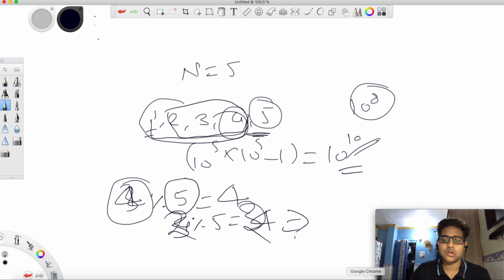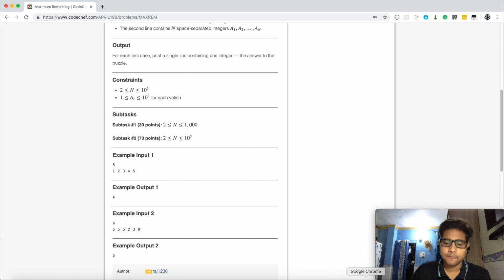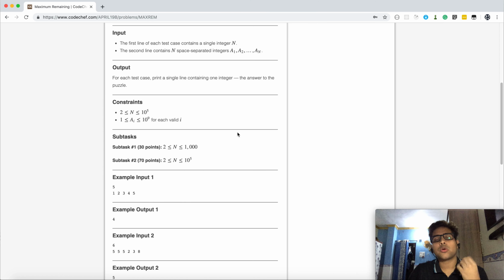Now let's try to solve this question. The question arises: how do we find the largest and second largest number in the best possible way, or in the shortest time possible? We can easily sort the given sequence in time complexity n log n.